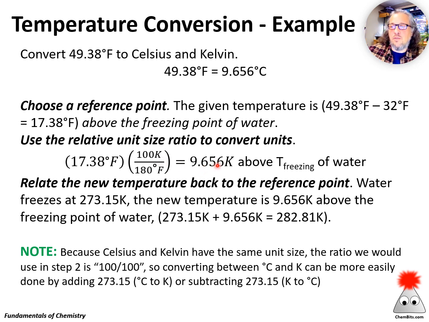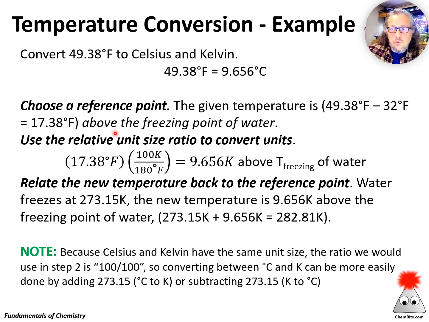We get 9.656 Kelvin above the freezing point of water. Relate back to the reference point. We are 9.656 Kelvin above the freezing point of water, which is 273.15. So the Kelvin temperature here is 282.81 Kelvin. I rounded it to correct sig figs there.